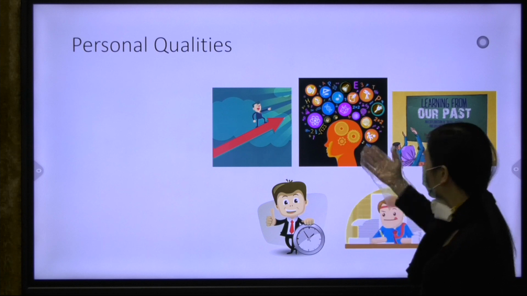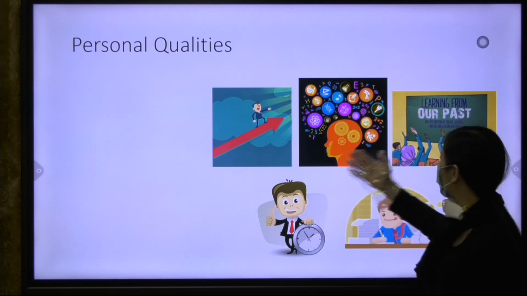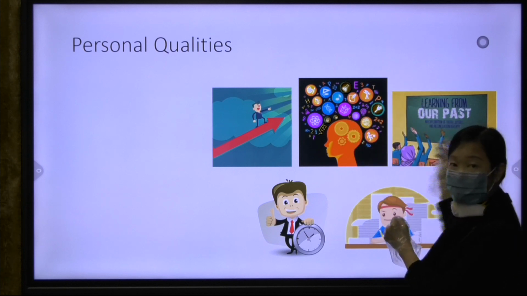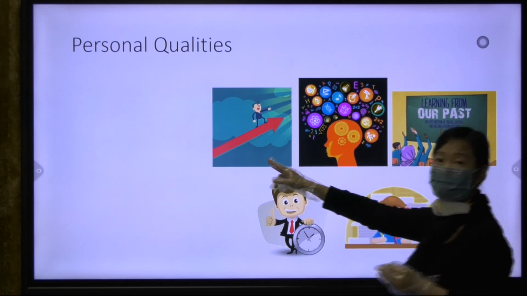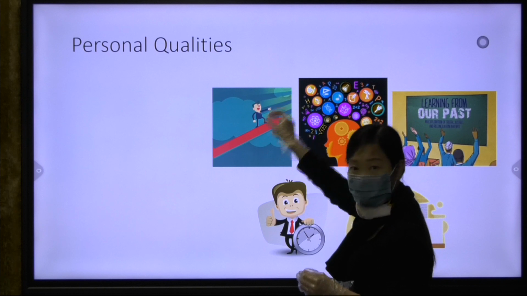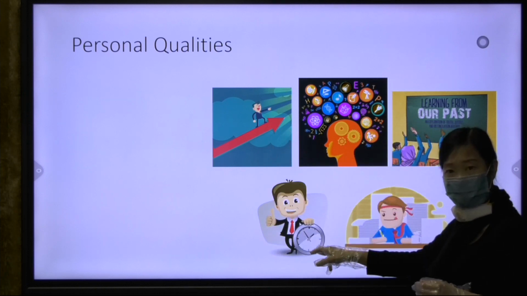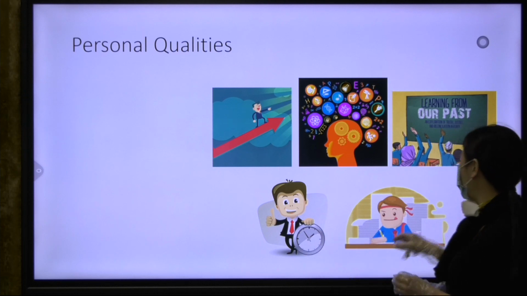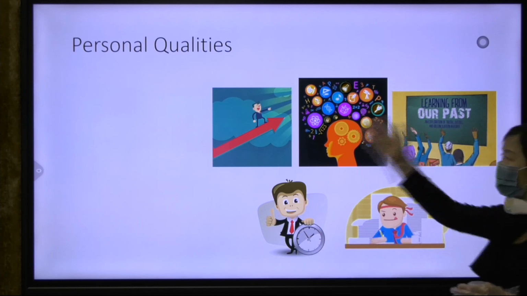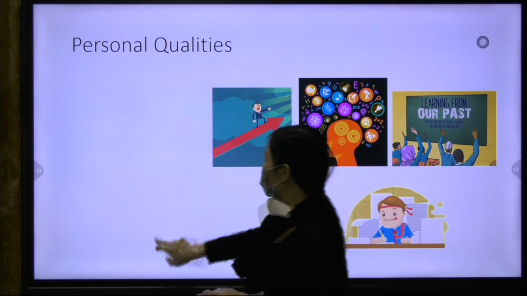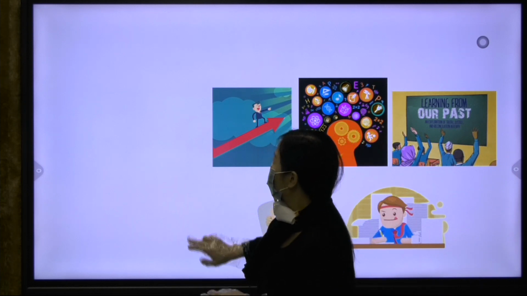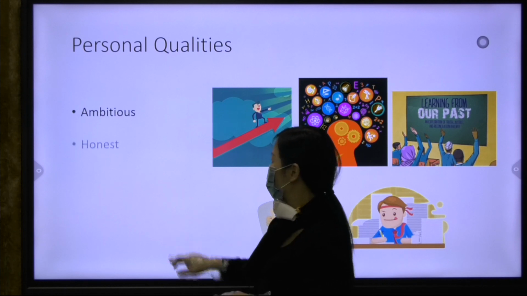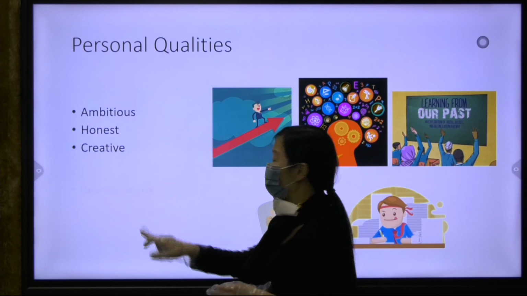So maybe someone very creative or very enthusiastic, right? Very eager to learn, or someone who wants to be the best, very ambitious, very punctual, right? Always on time, and very hardworking. These kind of qualities.